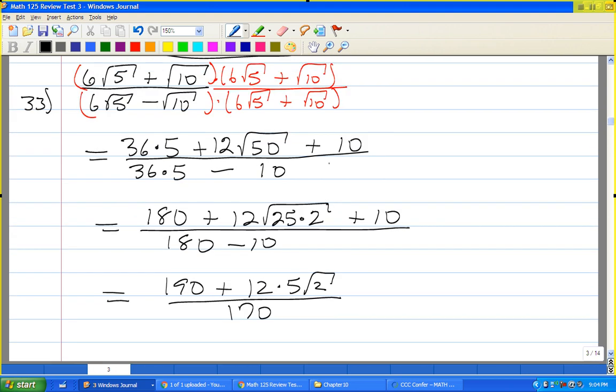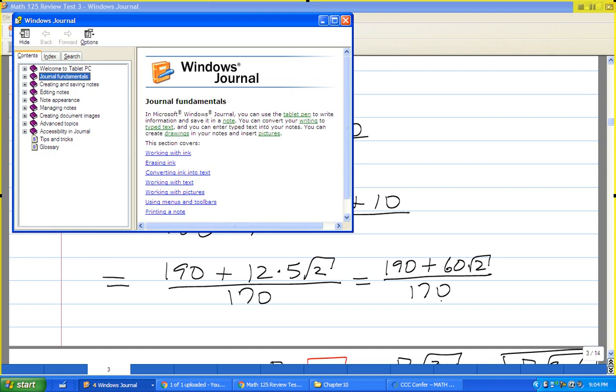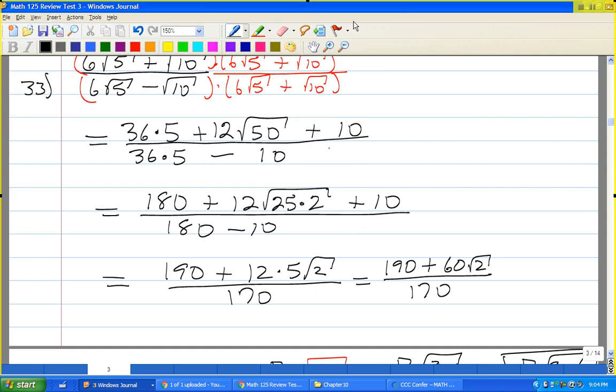So this is equal to 190 plus 12 times 5, 60, rad 2 over 170. Well, I can factor out a 10 from the numerator.